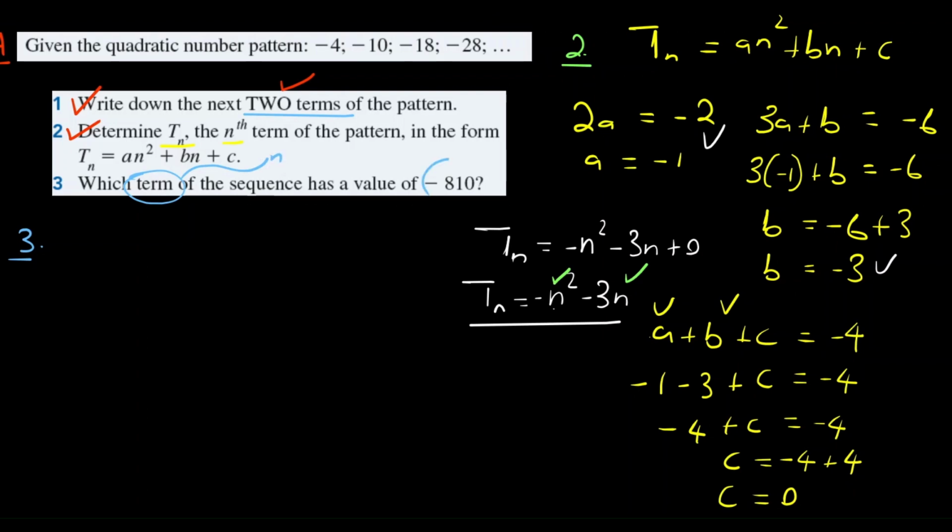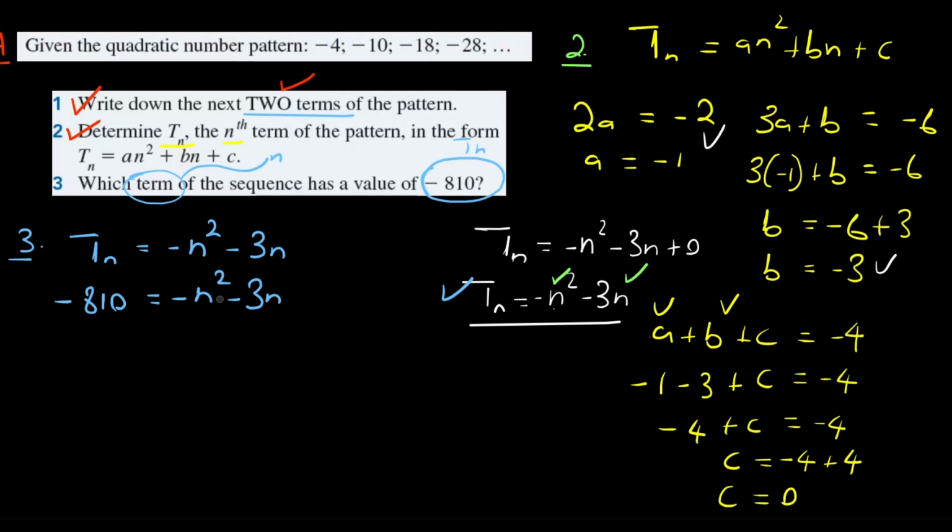And they're giving you the value, which means that this is Tn. So remember, we have our general term here: Tn is equal to -n squared minus 3n. So the Tn will be -810, and we will be calculating the n value for that.